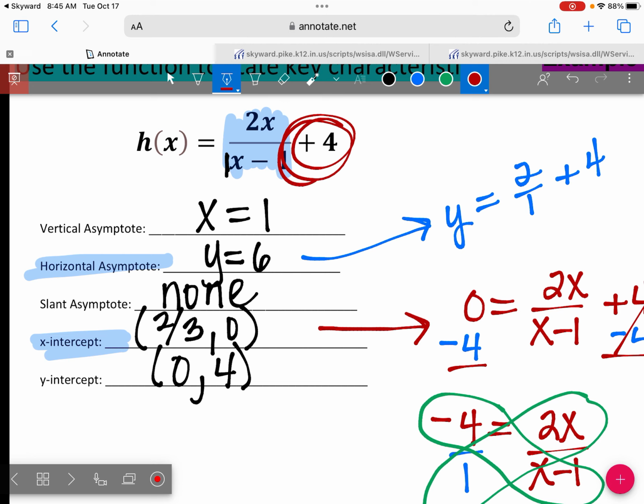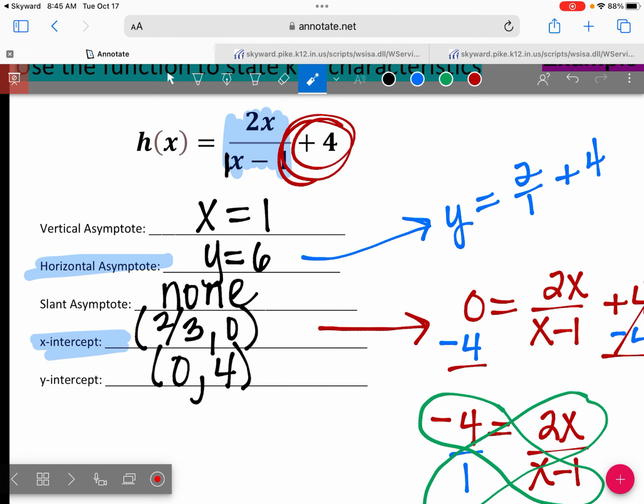So I'm dividing 2 by 1, and then I'm adding 4. So 2 divided by 1 is 2, and 2 plus 4 is 6. And then for your x-intercept, whenever it's not a single fraction, we have to set it equal to 0 and solve for x.